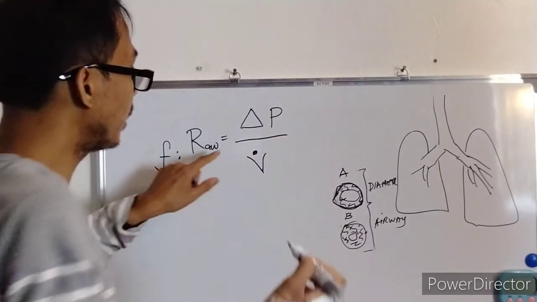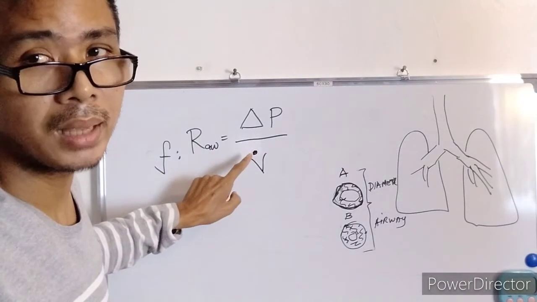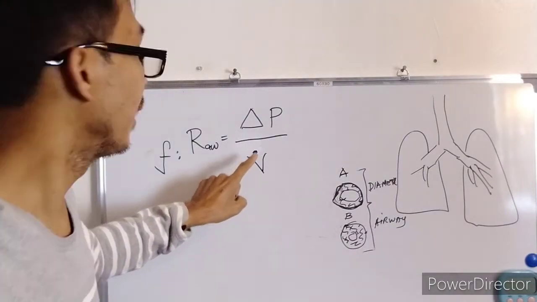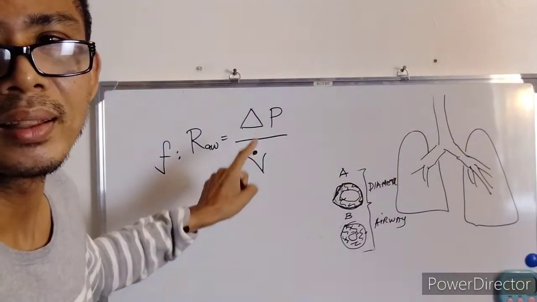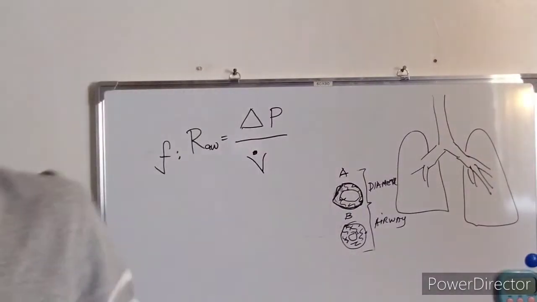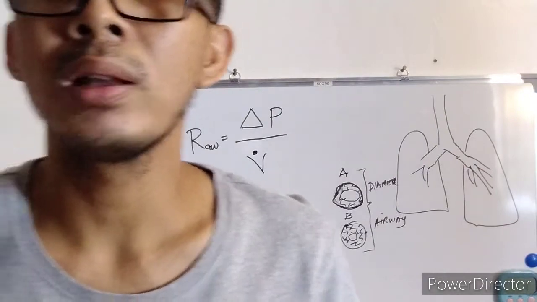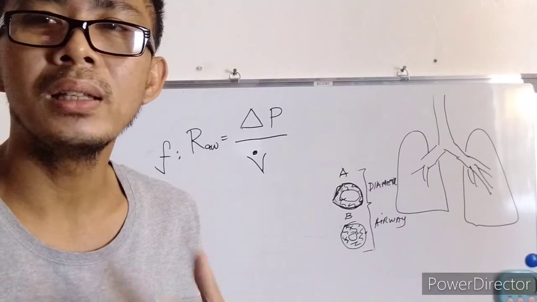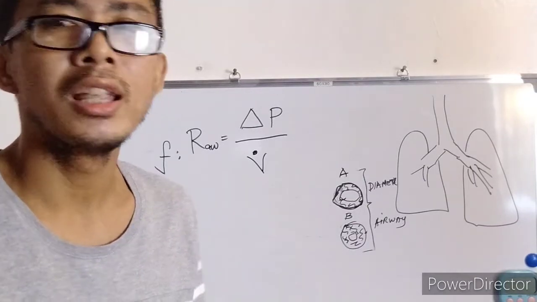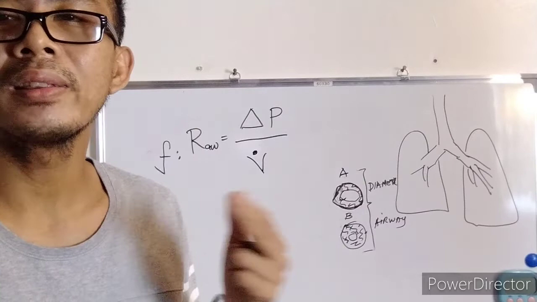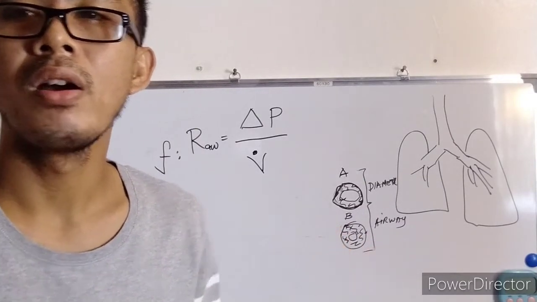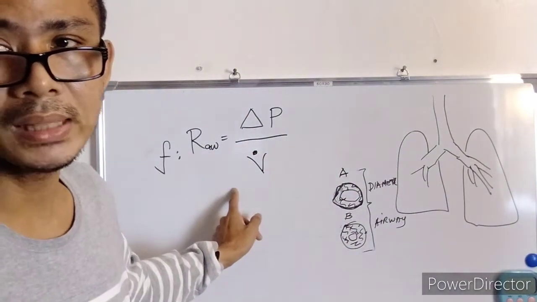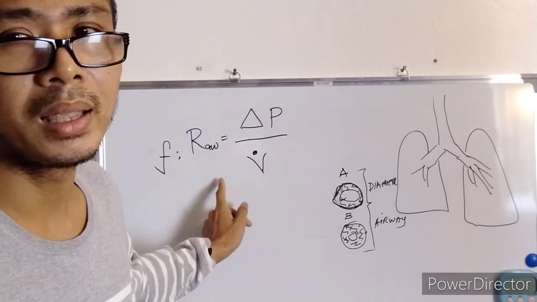This is V with a dot, which represents flow in respiratory medicine terminology. Without the dot, it is what we call volume. So if you read your respiratory calculations, the equation is delta P over your flow. This is not volume. This is V dot, which represents flow.